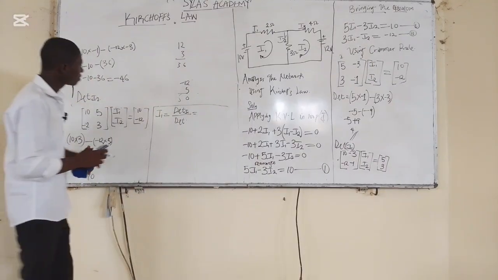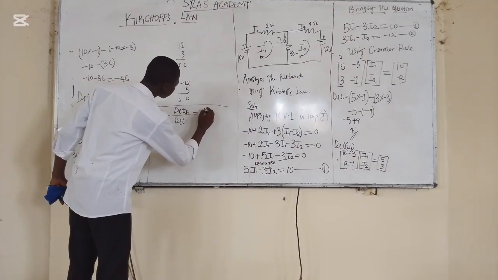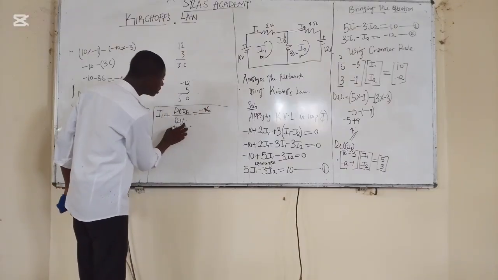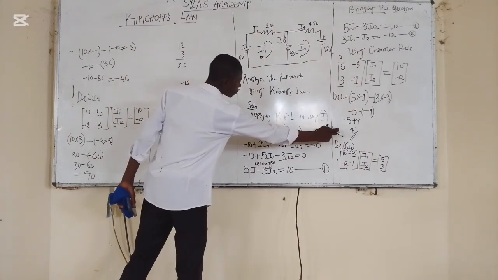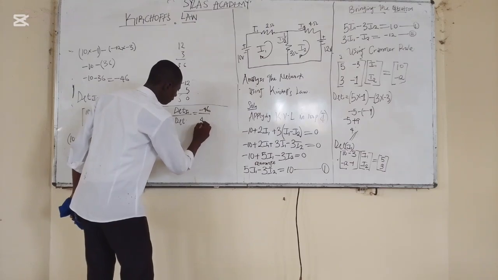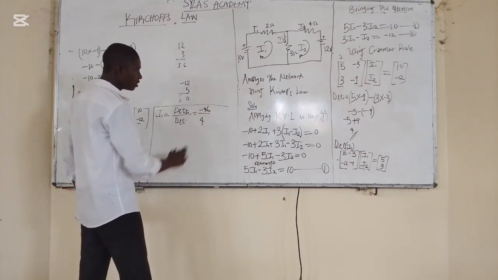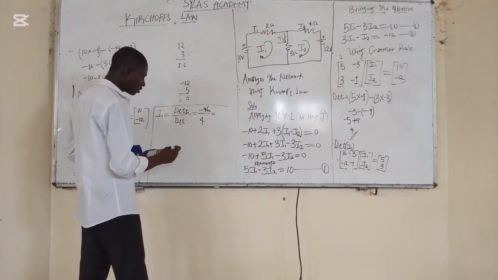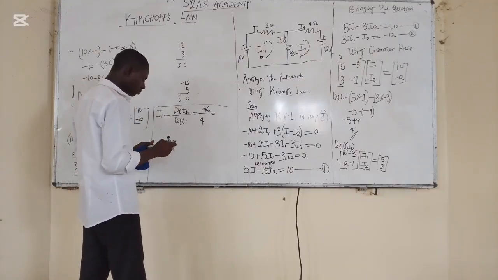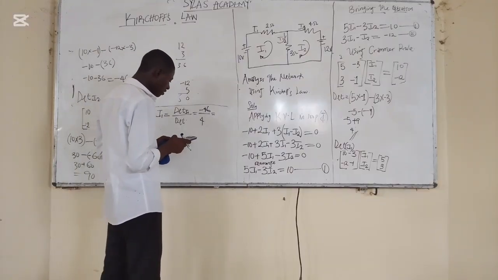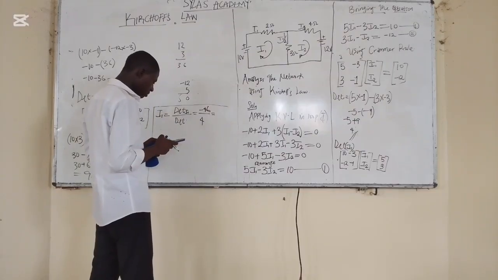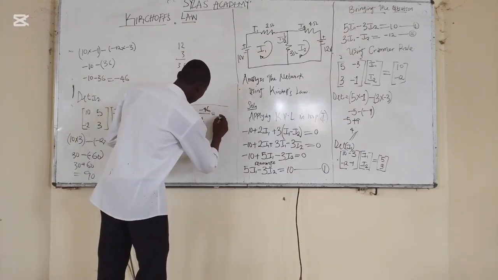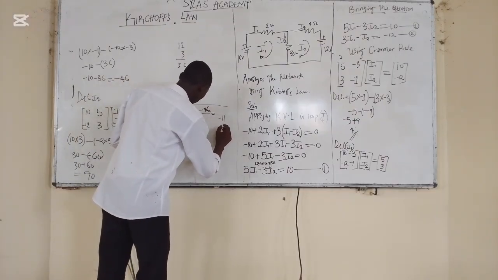So you bring it to minus 46 all over the real determinant, which is 4. Now what is your final answer here for the I1? Minus 46 divided by 4 gives you minus 11.5.